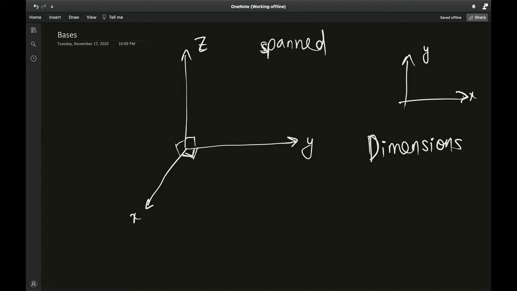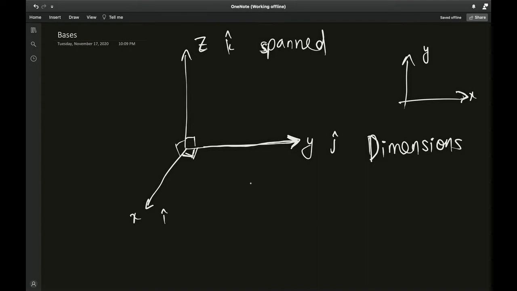So any point in this space over here can be written as some combination of these directions. The x direction we call i cap, the y direction we call j cap, and the z direction we call k cap.